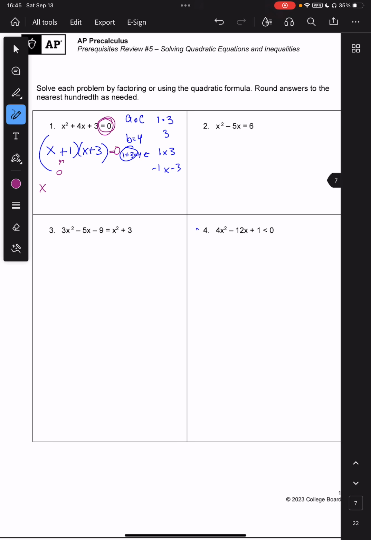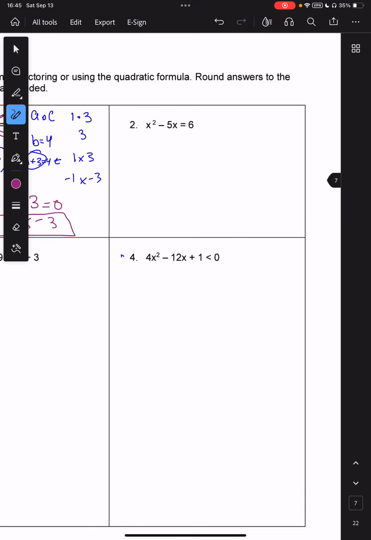So that's why we can set these equal to 0 and solve for x. So we're going to set both of these equal to 0 and solve for x. x is negative 1. x is negative 3. So those are our answers, negative 1 or negative 3.